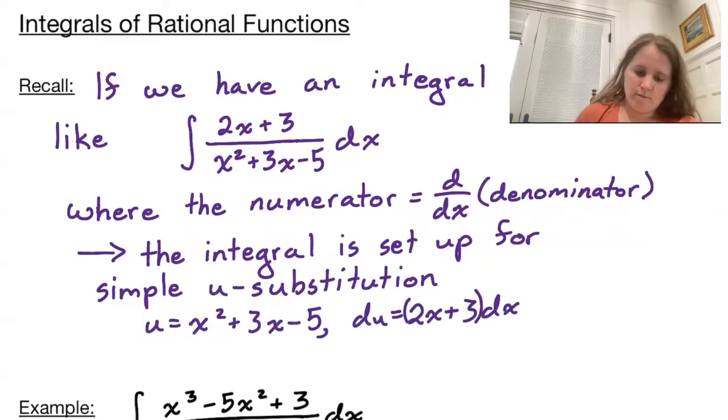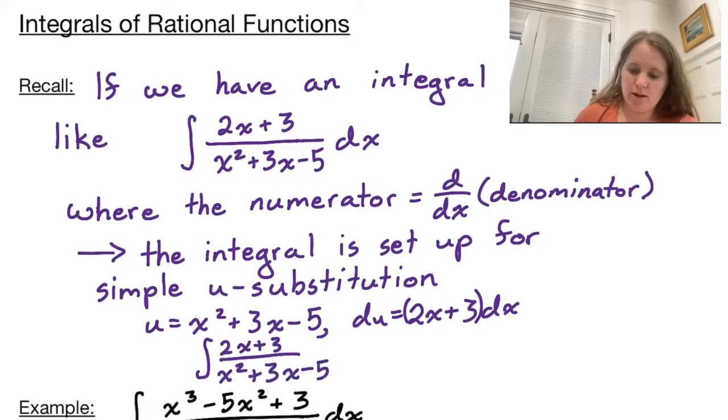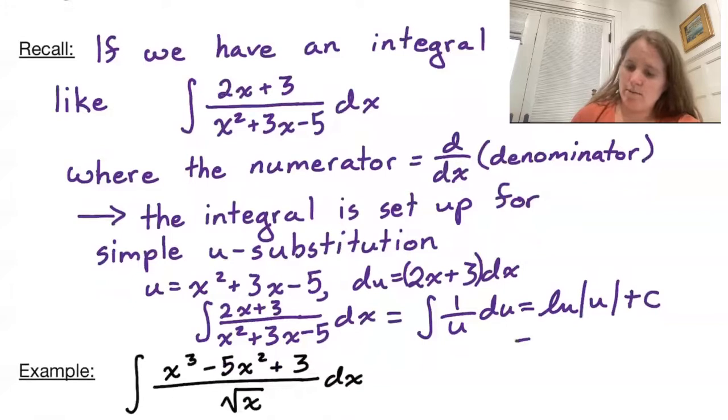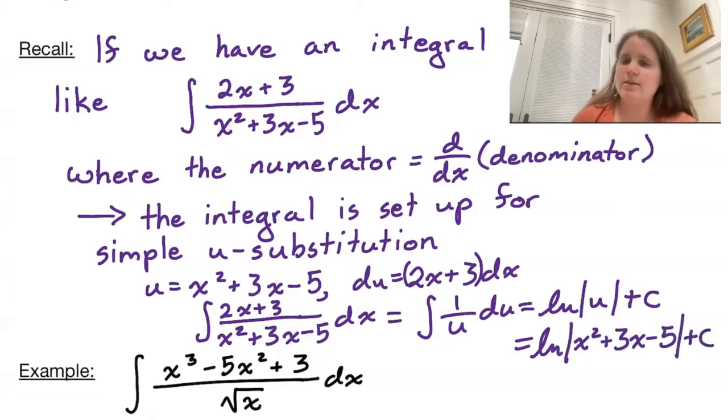And our integral of 2x plus 3 over x squared plus 3x minus 5 dx becomes just the integral of 1 over u du, which is natural log of the absolute value of u plus c, or natural log of the absolute value of x squared plus 3x minus 5, whole thing plus c. So this is a quick u substitution, but not all rational functions take this form.